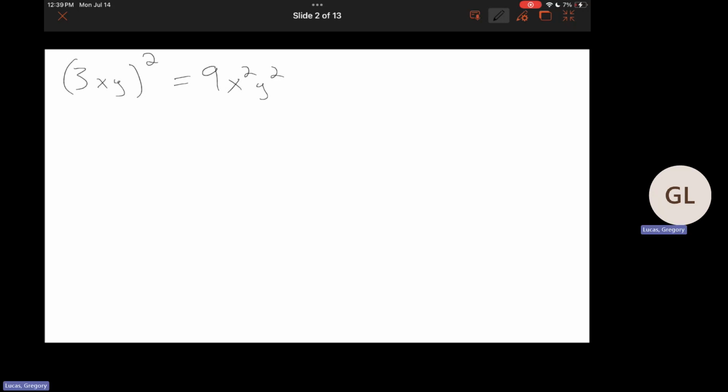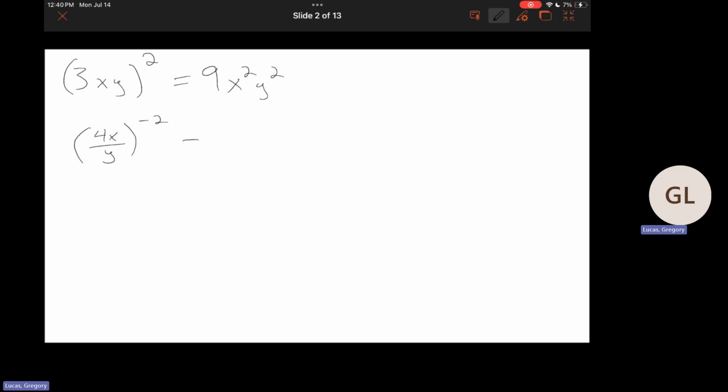So that's one example. Let's say I have something like 4x over y, to the negative 2. So here I need to use two rules now.